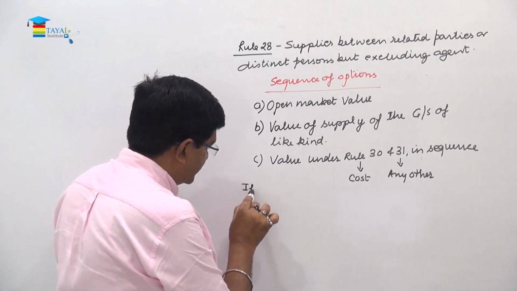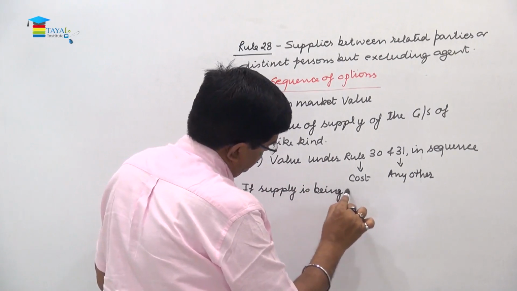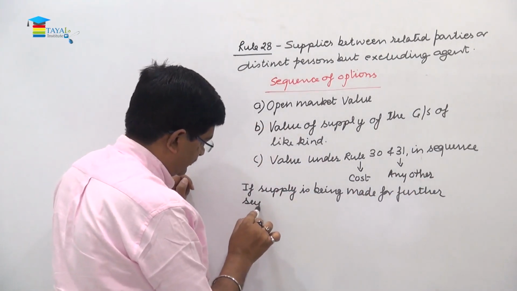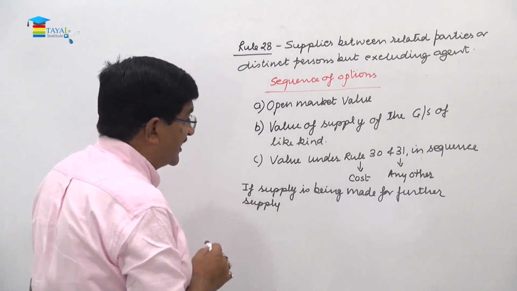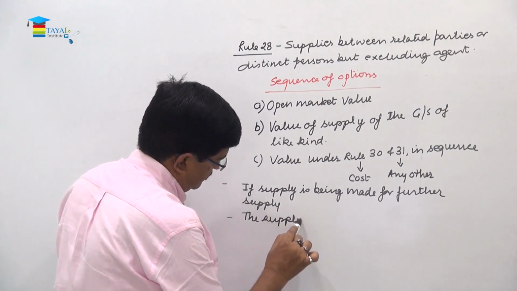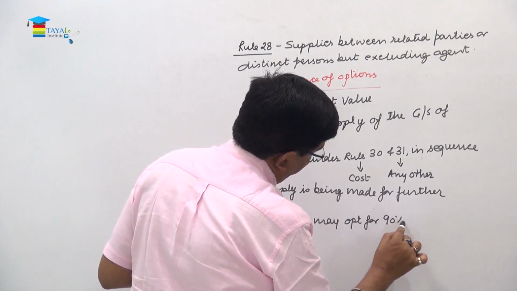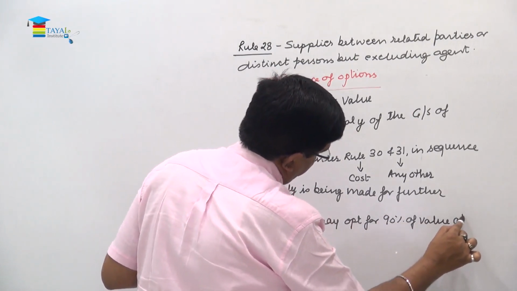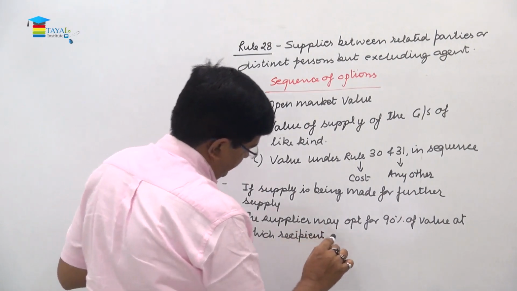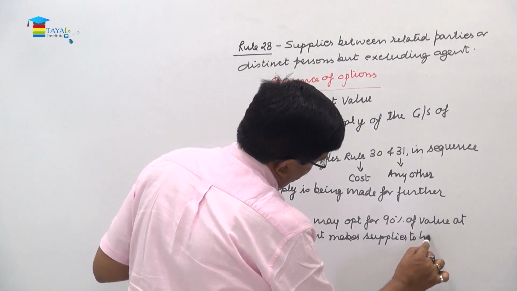So if supply is being made for further supply, the supplier may opt for 90% of the value at which the recipient makes supplies to his customers.